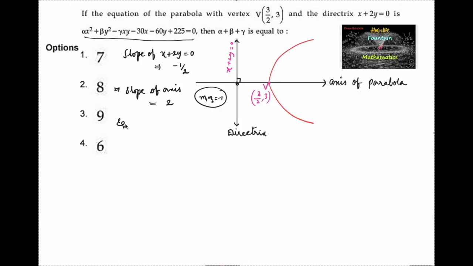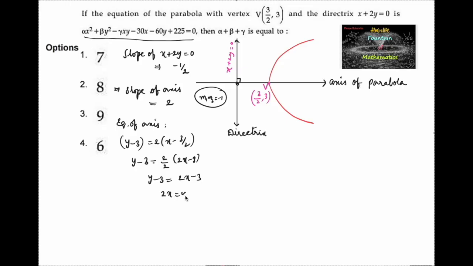So equation of axis: y minus y1 is equal to 2 times of x minus 3 by 2. So that is y minus 3 is equal to 2 upon 2 times of 2x minus 3, or y minus 3 is equal to 2x minus 3.